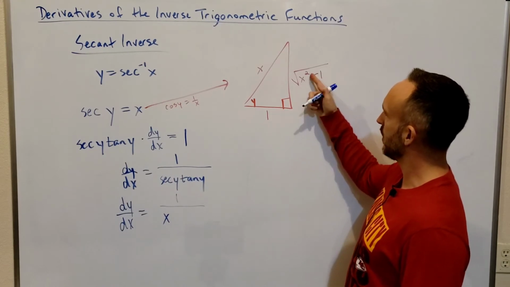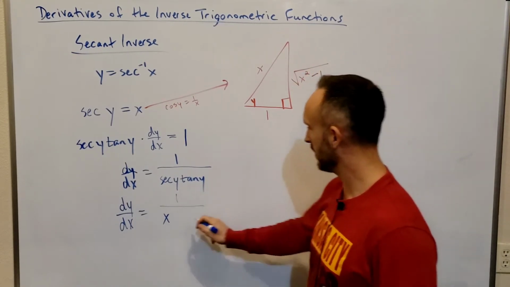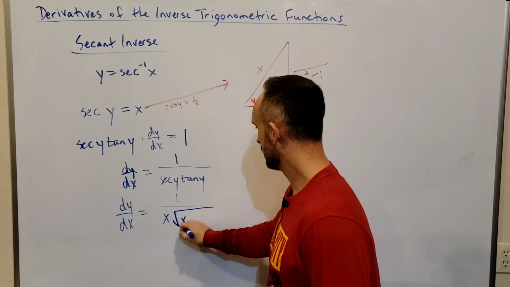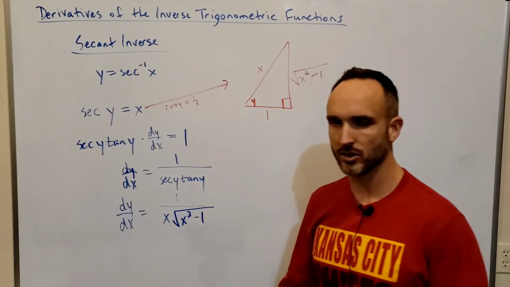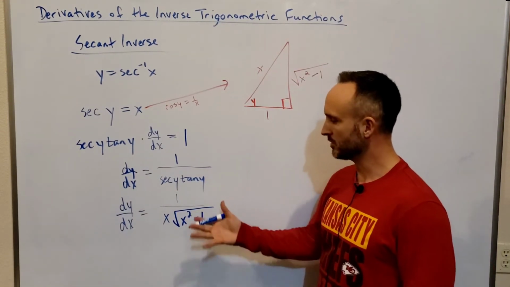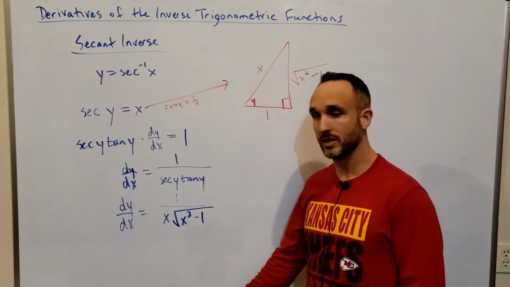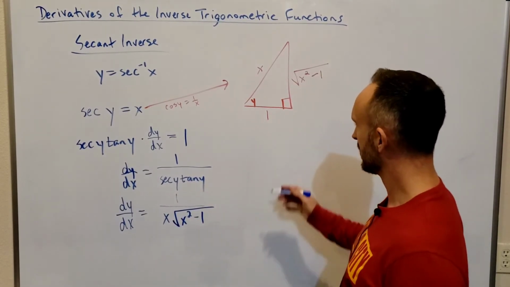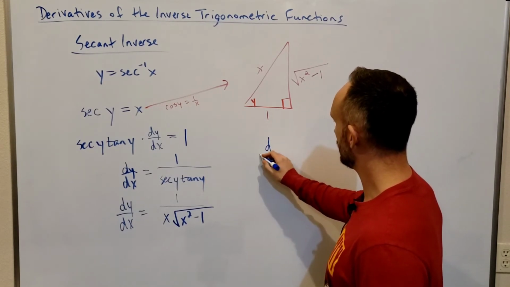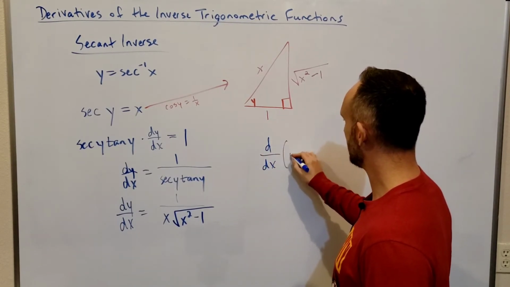So the tangent of y is just the square root of x squared minus 1. So it's quite a bit different than sine or cosine inverse, but it's also got some similarities. It's a purely algebraic derivative. There's no trig functions.